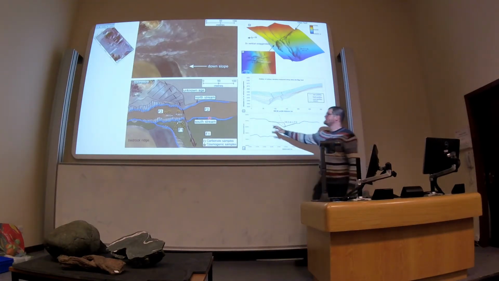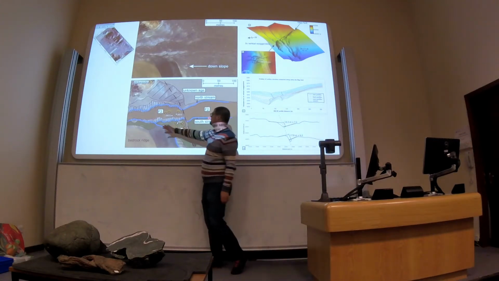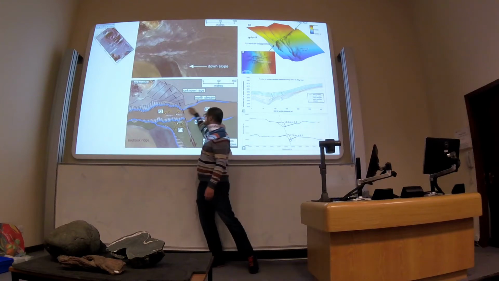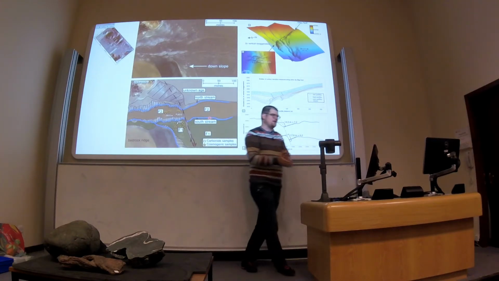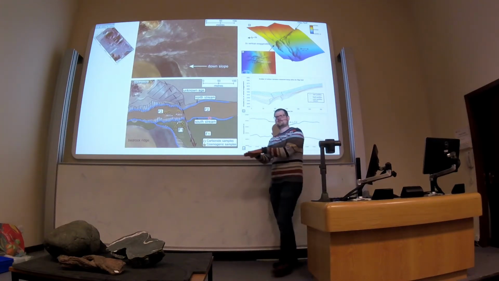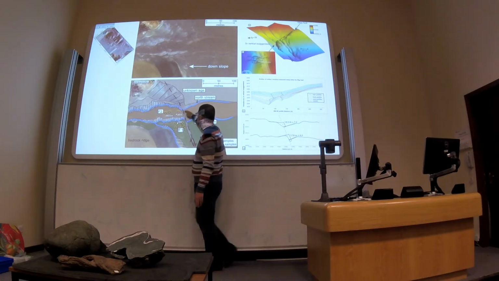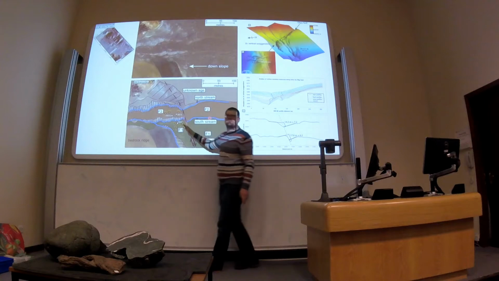Okay? So this has come down and covered up this fault, and then on top of that fan there have been some streams that have cut down, and then after that's happened, the fault has carried on moving. So you can see that this stream is offset where this fault is.